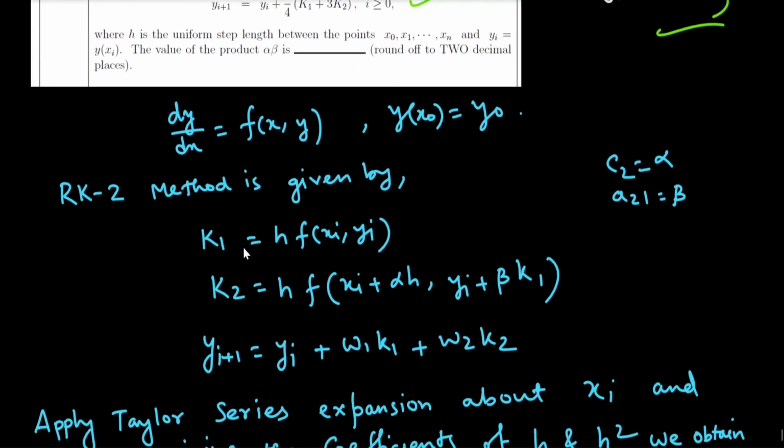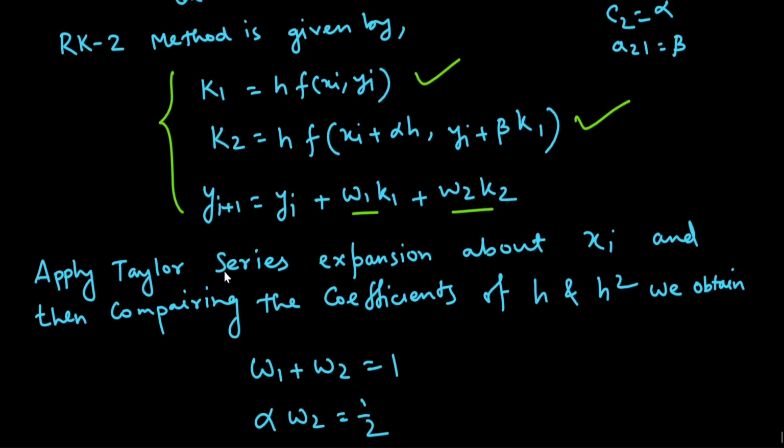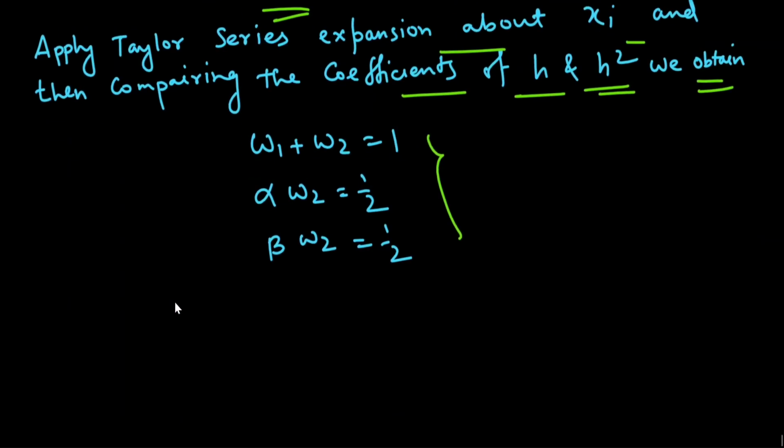So RK2 method is given by K1 equal to h f of (xi, yi), K2 equal to h f of (xi plus alpha h, and yi plus beta K1), and y(i+1) equal to yi plus w1 K1 plus w2 K2. Now apply Taylor series expansion about xi to this, and then comparing the coefficient of h and h square, we obtain w1 plus w2 equal to 1, alpha w2 equal to 1 by 2, and beta w2 equal to 1 by 2.